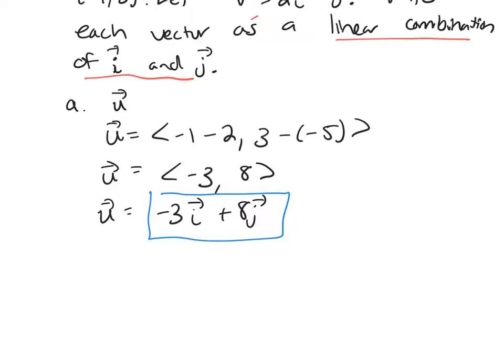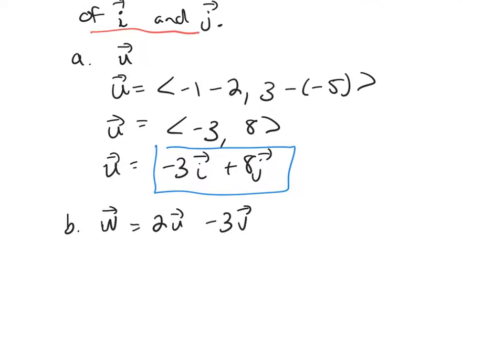All right, let's look at the next one, w. I want to write this vector, which will be 2u minus 3v. What's nice about this linear combination format is you don't have to work in component form anymore.